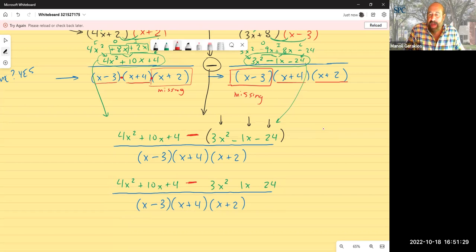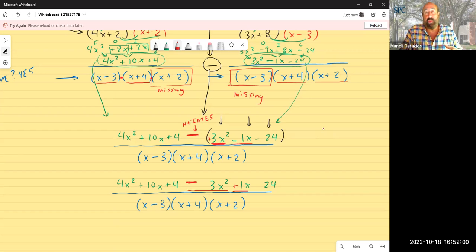What is the opposite of positive 3x squared? I would say negative 3x squared. The subtraction sign now works like negation. This negates, turns everything inside the parentheses to their opposites. Okay, what is the opposite of negative 1x? And you would say positive 1x. This guy, negative 1x, turns to positive 1x.